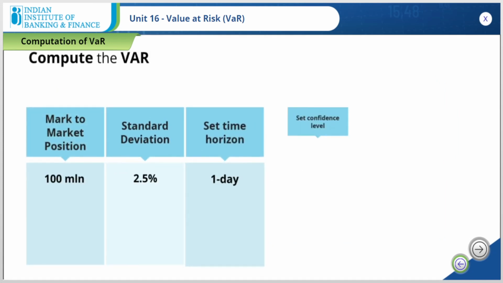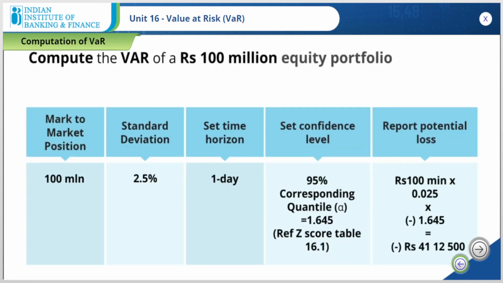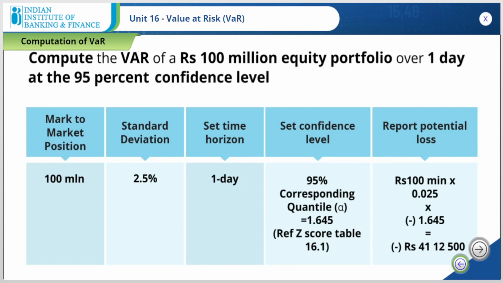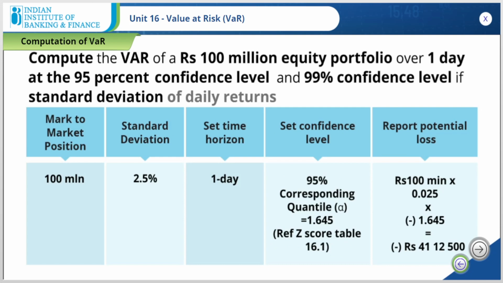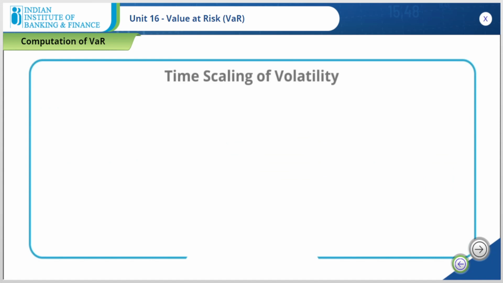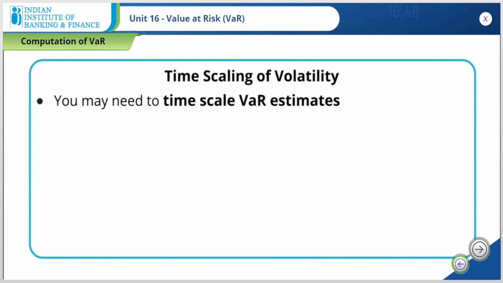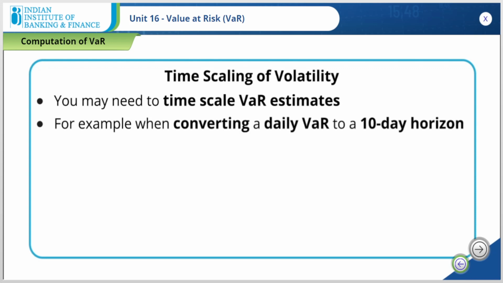Compute the VaR of a Rs 100 million equity portfolio over 1 day at the 95% confidence level and 99% confidence level if the standard deviation of daily returns is 2.5%. Time scaling of volatility. You may need to time scale VaR estimates, for example, when converting a daily VaR to a 10-day horizon regulatory VaR standard.